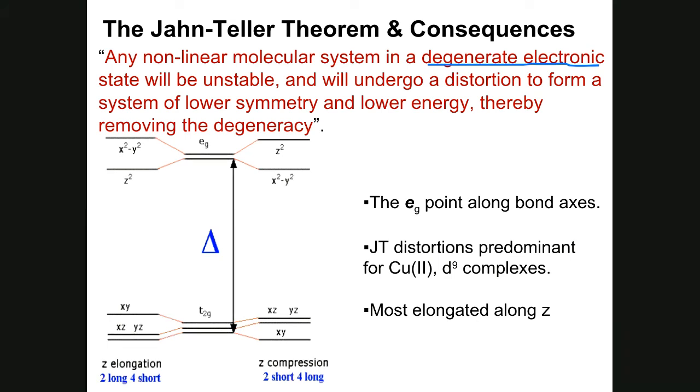But remember, we said that when a distortion happens in the xy plane, those orbitals that have got similar components in the T2g will also undergo a split. As the dx squared minus y squared increases in energy, the dxy is a related orbital that has got the same components, if you like.